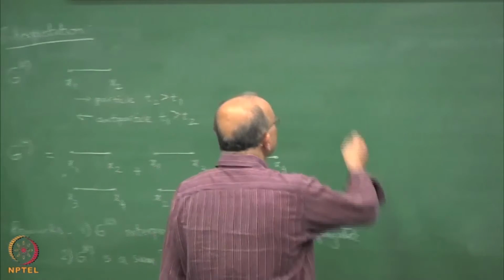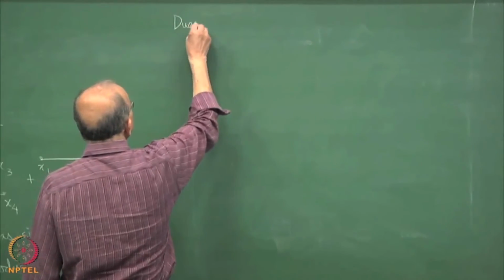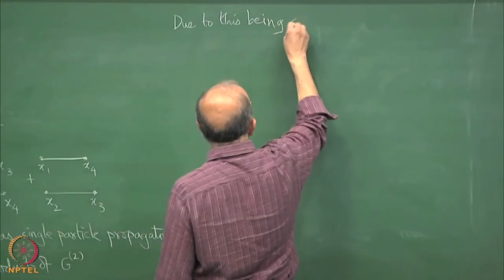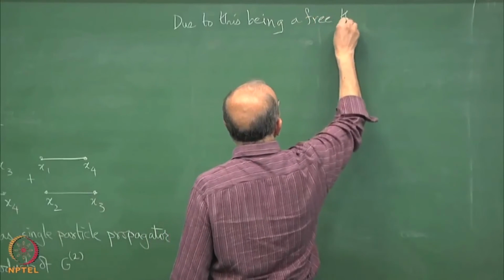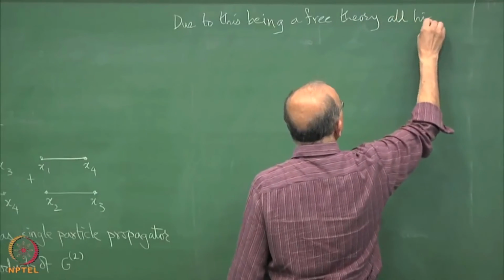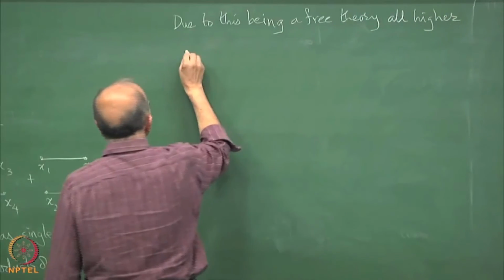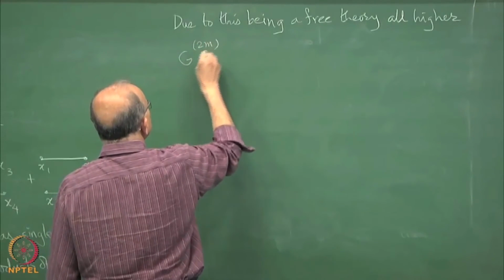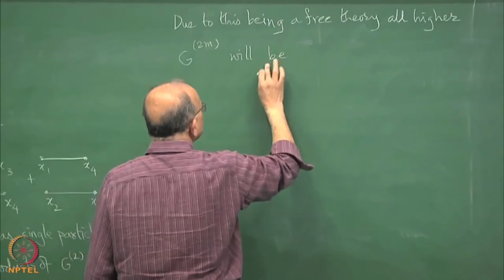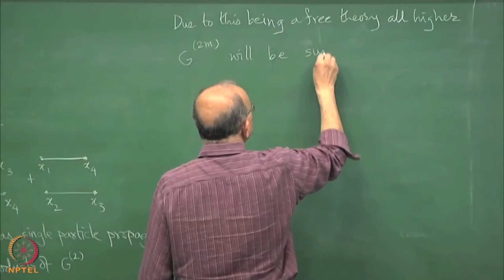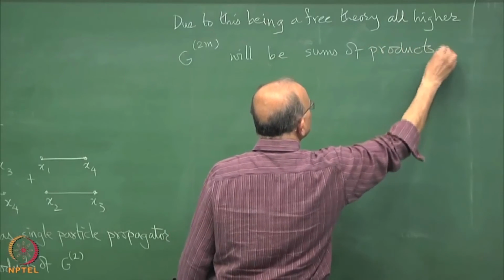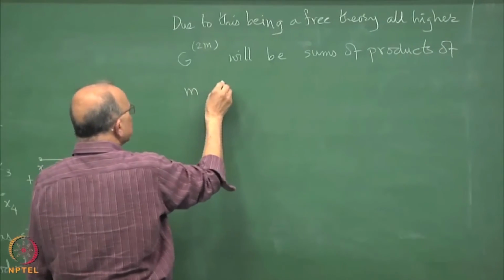So due to this being a free theory, all higher G2M will be sums of products of M G2s.